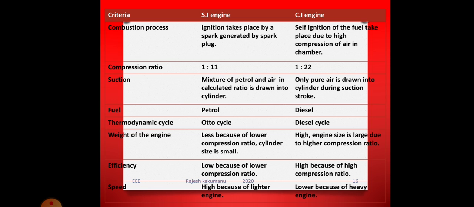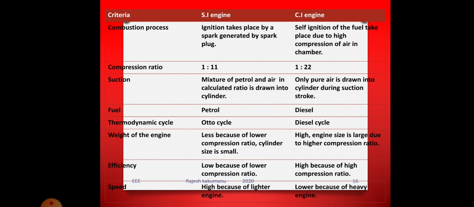Then what is the efficiency? For SI engines the efficiency is automatically low. How can we say the efficiency is low? See, the efficiency is lower because of the low compression ratio. Since the compression ratio is small, the efficiency for SI engines is low.